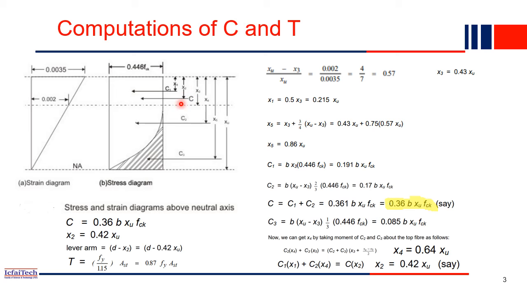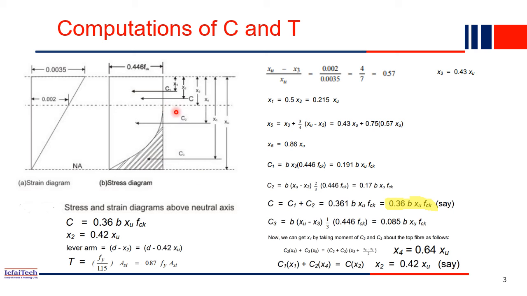Now we have to compute x2 also. x2 we have not calculated yet. So now let's compute the value of C3. C3 is the shaded area. This is not under the stress block, but outside the stress block. This shaded area is C3. So what is the value of C3? C3 uses the same formula, parabolic area: b into total height.